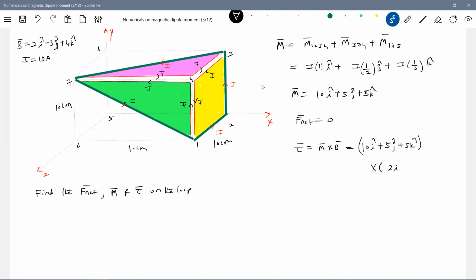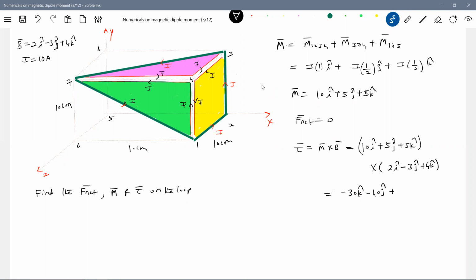B bar is 2 I cap minus 3 J cap plus 4 K cap. I cross I will be 0. I cross J will be K, so this will be minus 30 K cap. I cross K will be minus J, so minus 40 J cap.